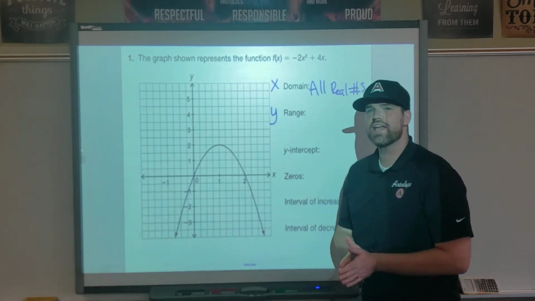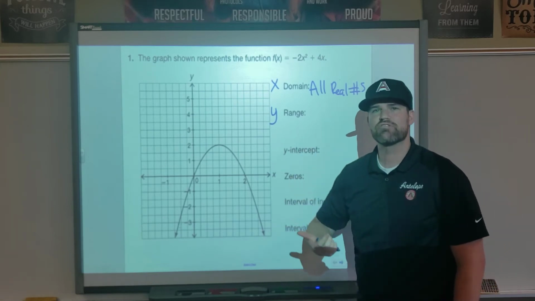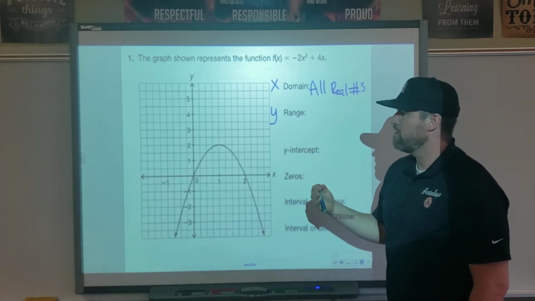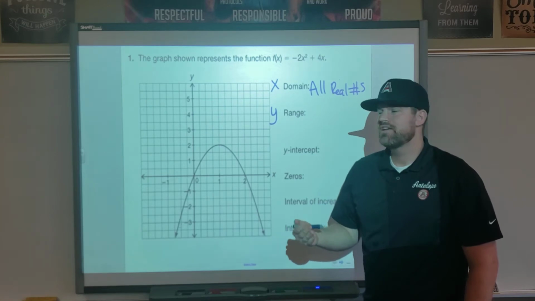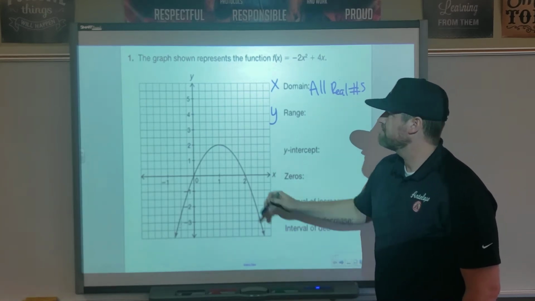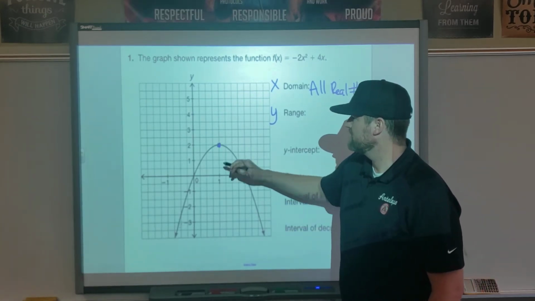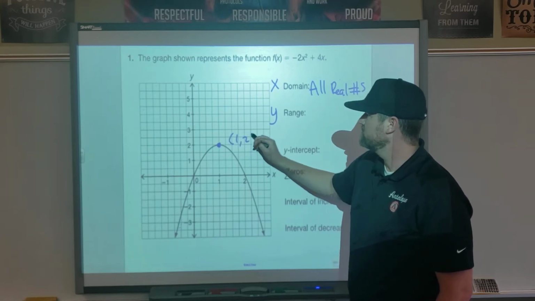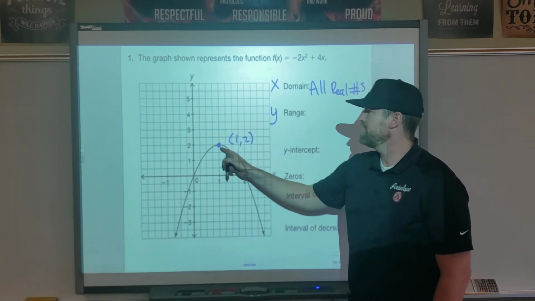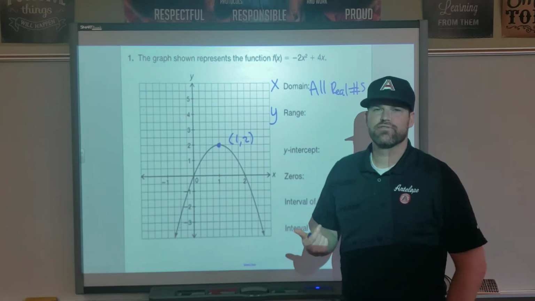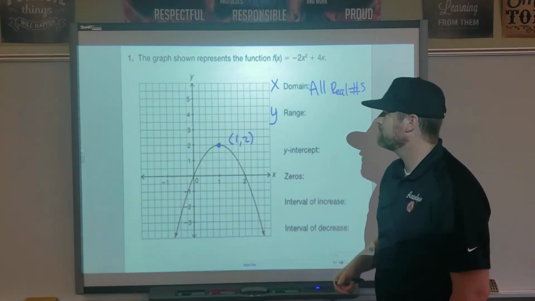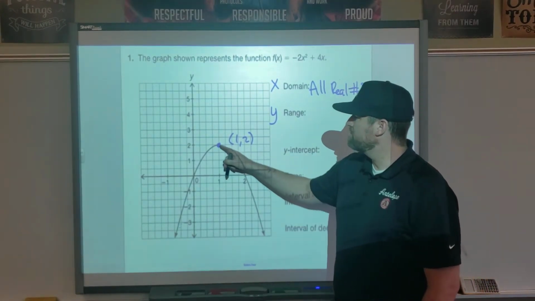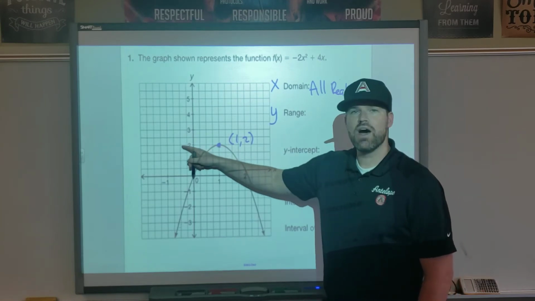As far as the range is where we have to be more specific. The range is all of the possible y values, and we always go to the vertex. So if I go to this vertex, which is at the ordered pair 1, 2, I know that this vertex is also my maximum for the graph. It's my maximum height that I'm going to reach. So the maximum height that we reached is going to be our y value.